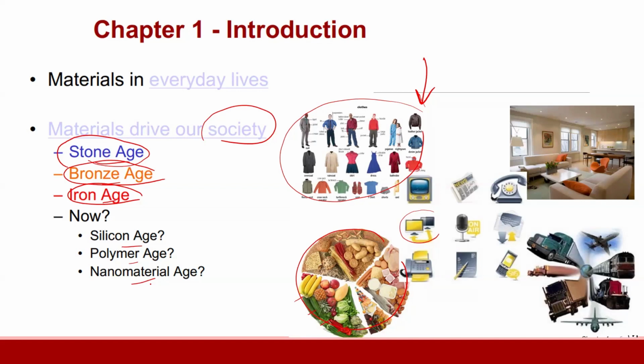Now it is a very expanded area where we don't have to use the materials as they are in the environment. We can make changes. We can process them. We can improve properties in different ways. So even the same material, we can have two different properties by processing them in two different ways.